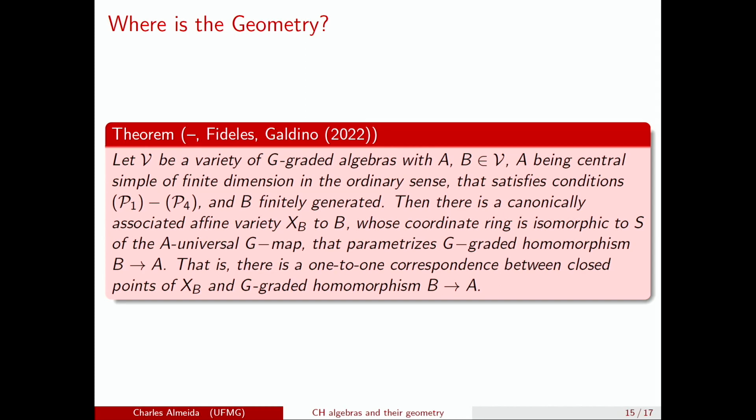So S is a commutative algebra. We can consider the affine algebra generated by S. And we can prove that there is a bijection between the points of this variety and the morphisms of A. So this is nice because it gives us a classification of these morphisms. Not only do we know that we can embed the maps, but we can understand how the maps behave.